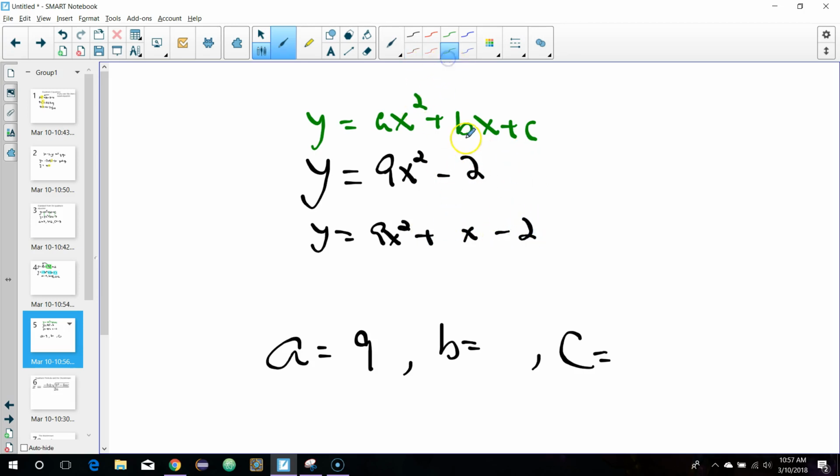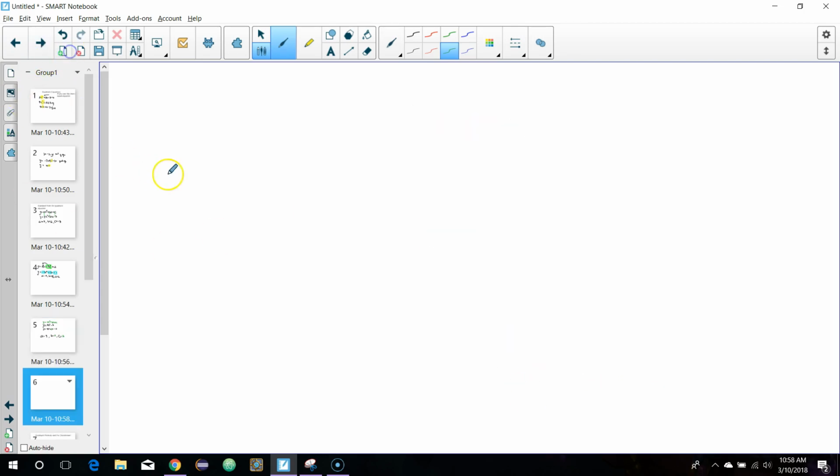Now, if I do not have the b, that means your b is equal to 0. So a term in there that's missing basically means it's 0. So b is going to be 0 in this scenario, and c is just going to be your -2. So even for a quadratic equation that doesn't come with all the terms, it will still work. So you'll get a is equal to 9, b is equal to 0, c is equal to -2. Another example.